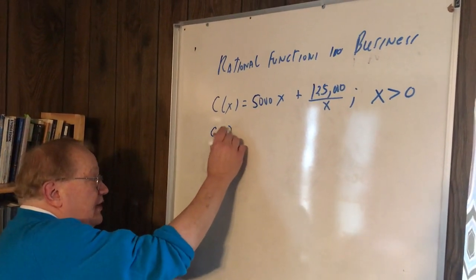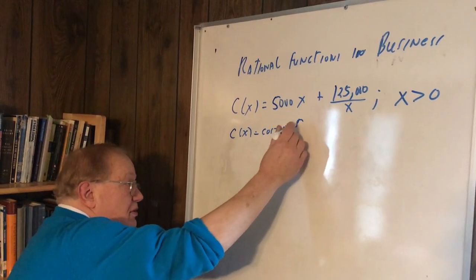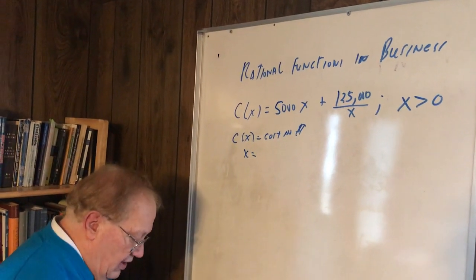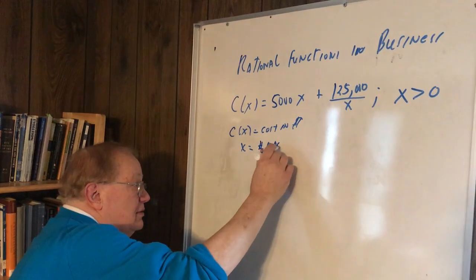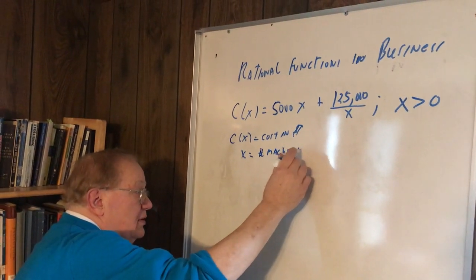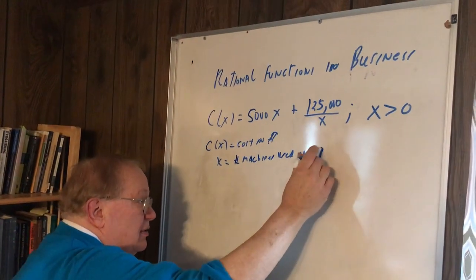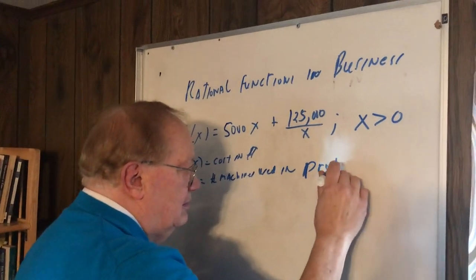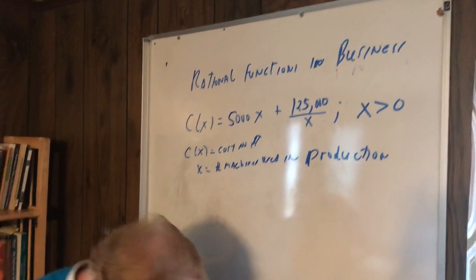C of x is simply the cost in dollars, and x is, in this case, the number of machines used in production. Obviously, this is some sort of manufacturing place.